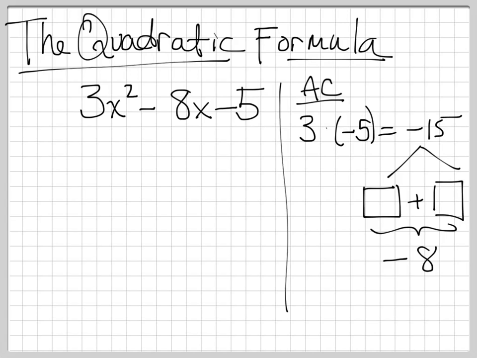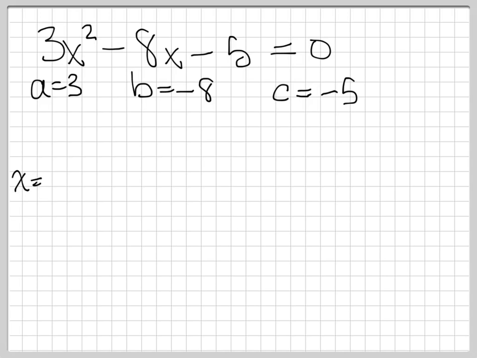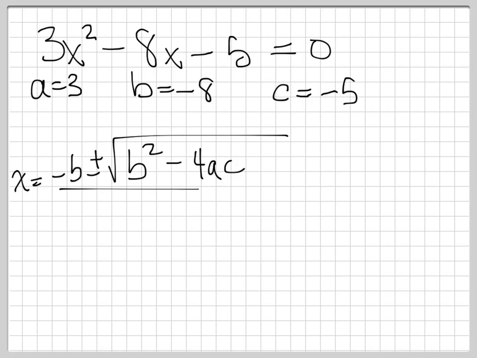So let's rewrite 3x squared minus 8x minus 5 equal to 0. So my a is 3, my b is negative 8, and my c is negative 5. And so x equals negative b plus or minus the square root of b squared minus 4ac all over 2a.